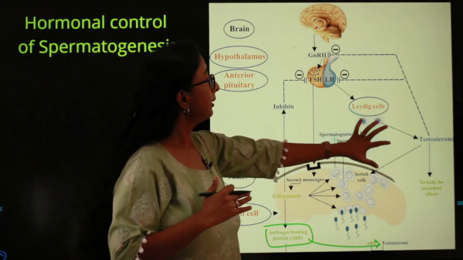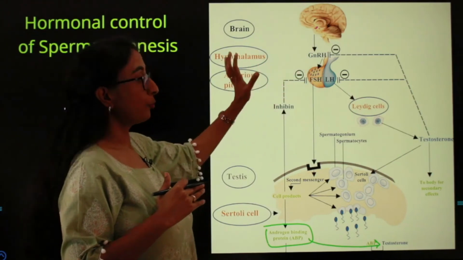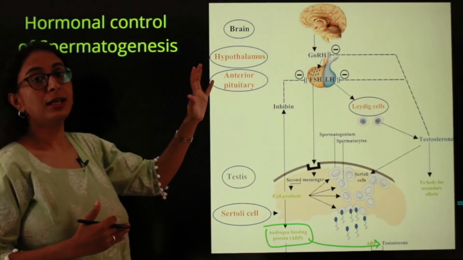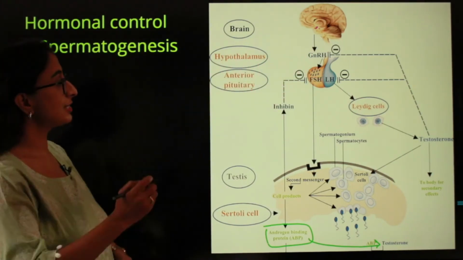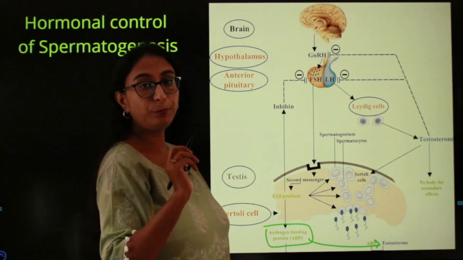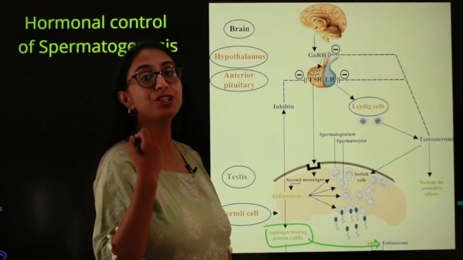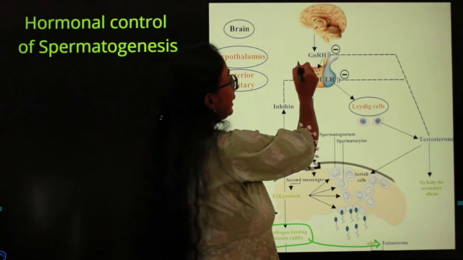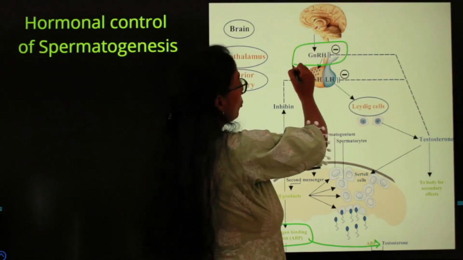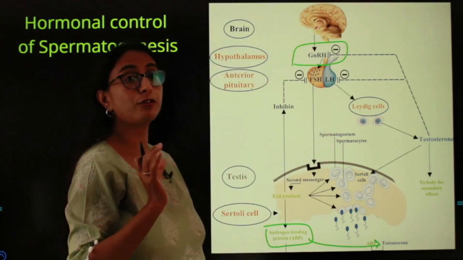Did you understand how the various hormones help in the process of spermatogenesis? First and foremost, during puberty, spermatogenesis is initiated by the increase in the gonadotropin releasing hormone from the hypothalamus region of the brain.